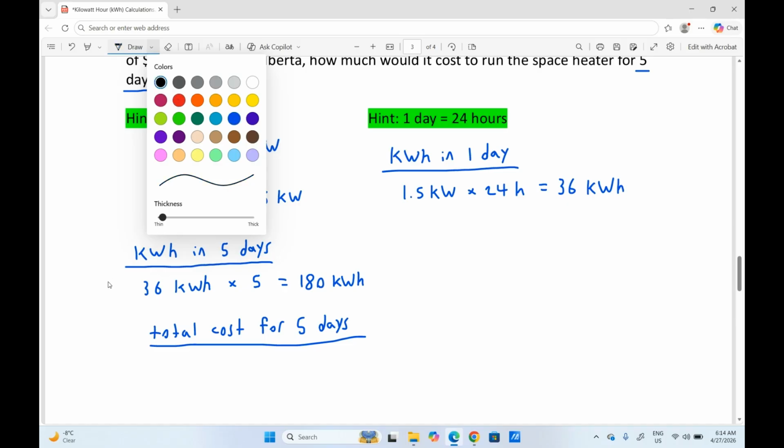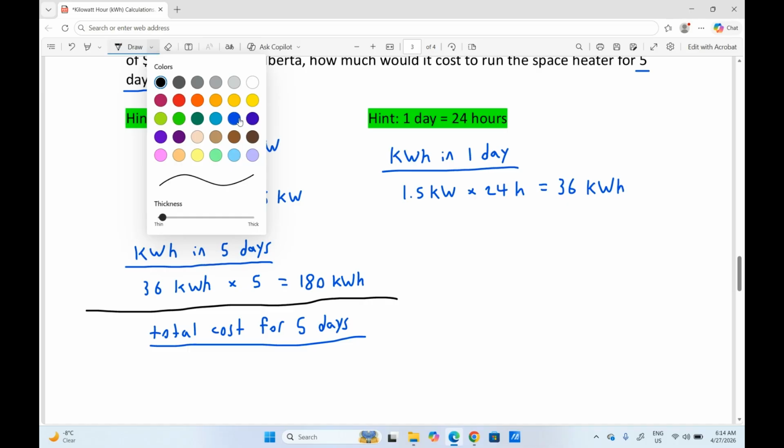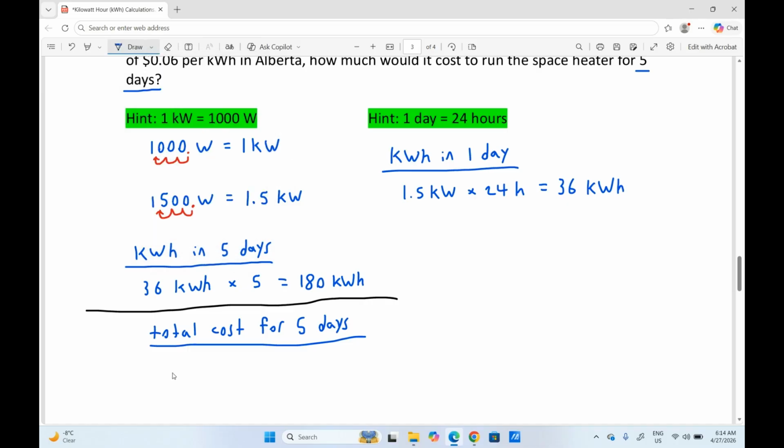Let's use another line here so I can separate these. The total cost for 5 days would be my 180 kilowatt hours, which is how much power I used in 5 days, times the cost per kilowatt hour in this province, so that's 6 cents.